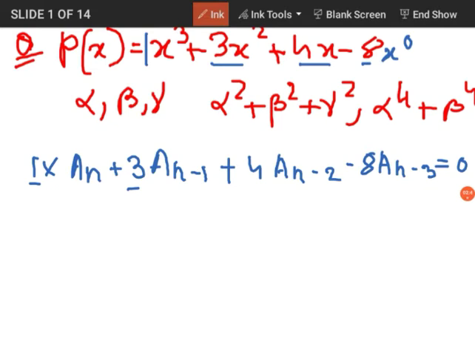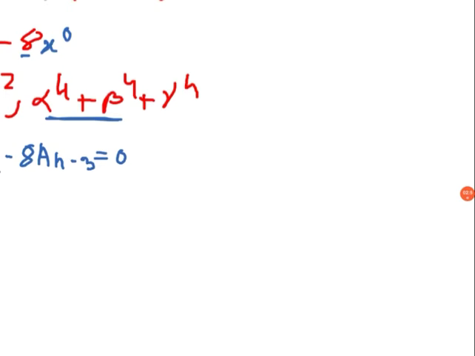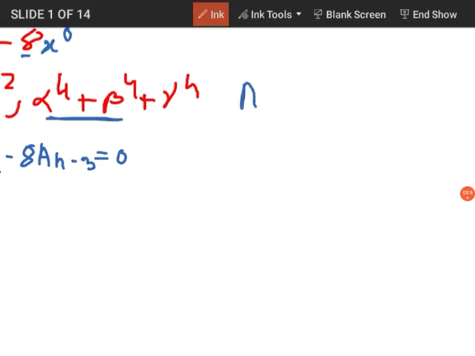Now we are asked to find this, which can be defined as a4. Okay, a4. Now another question may come to your mind: sir, you defined an as p multiplied by alpha raised to the power n plus q multiplied by beta raised to the power n, but here you are simply telling that an is equal to alpha n plus beta n plus gamma n.